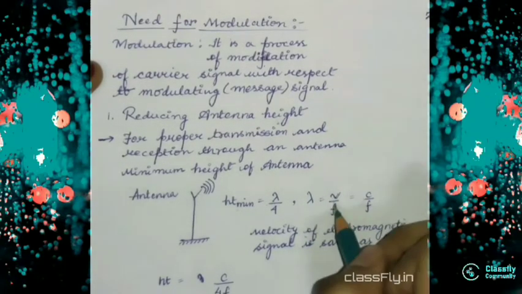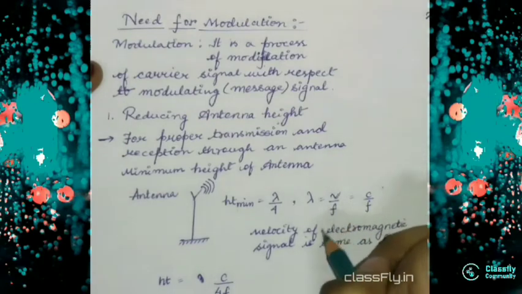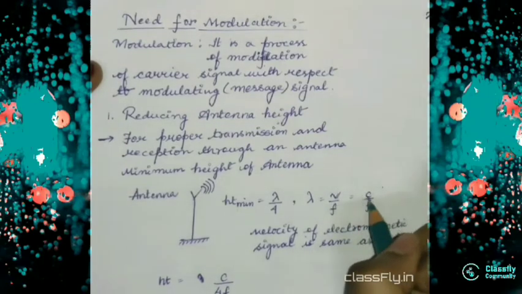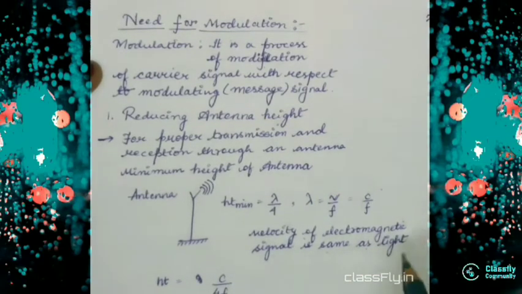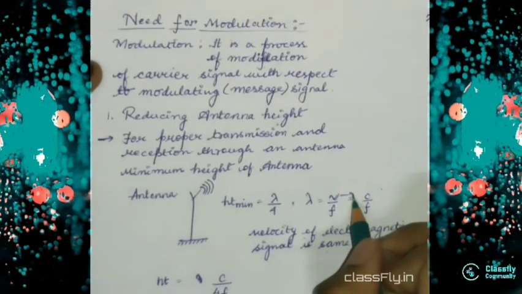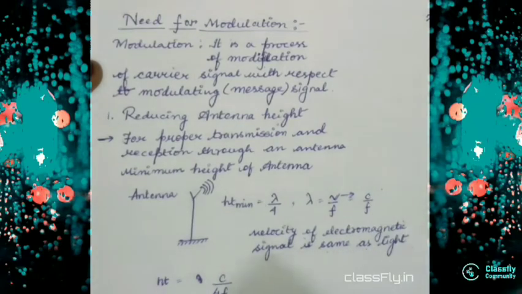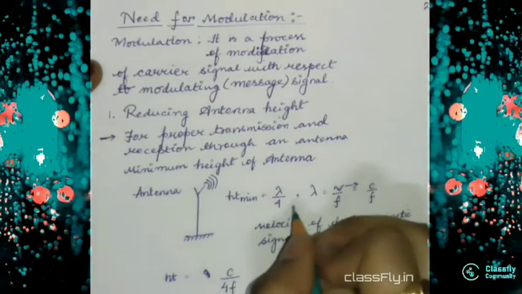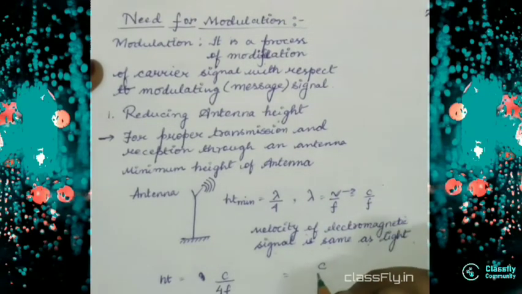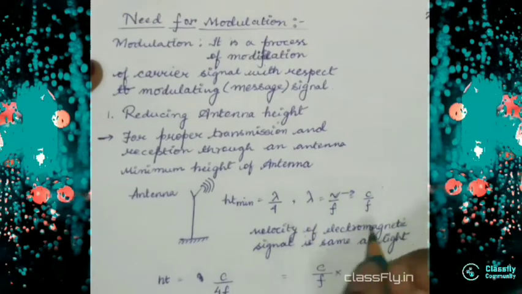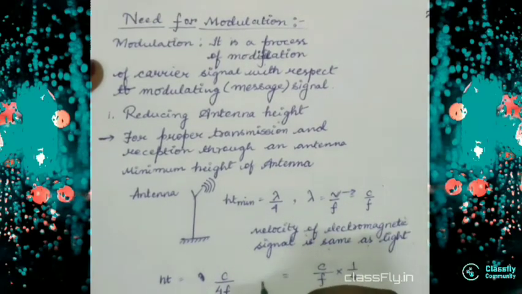Lambda is equal to V by F, and V here is C, the speed of light, divided by our frequency. The velocity of an electromagnetic signal is the same as light, so we can write this V as C. So our height is equal to, if I put this lambda value as C by F into 1 by 4, we get C by 4F.